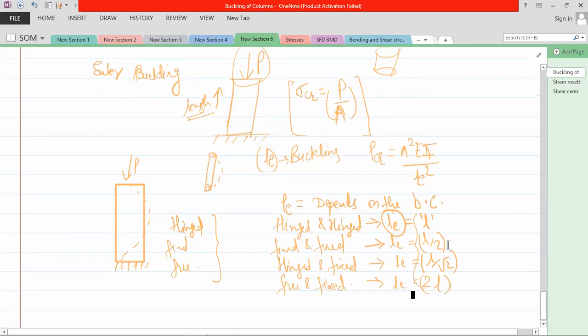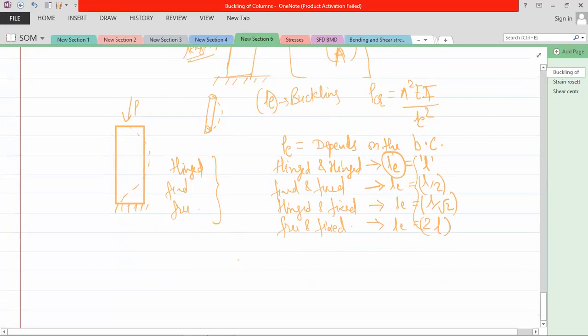Now, a few things about the meaning of I that I discussed: I should be about such planes. There are three axes, X, Y, and Z. One axis is the direction of force. Suppose this is Y and I'm applying force in the Y direction, so it can bend in the X direction or the Z direction.